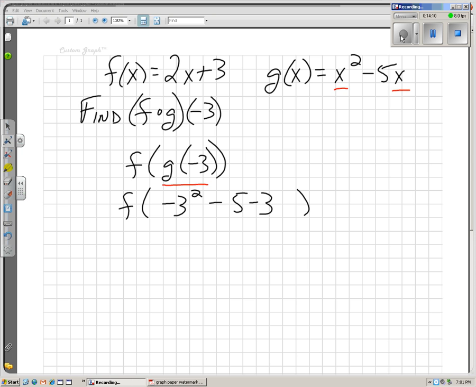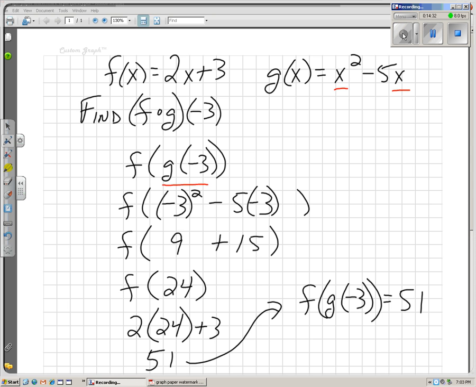Remember to always use parentheses where your x was, to make sure you do the math right. And we get f of 9 plus 15, which is f of 24. So that's part 1. Step 1 is run negative 3 through the g function. Now we take that 24 and run it through the f function. And we get our final answer here.